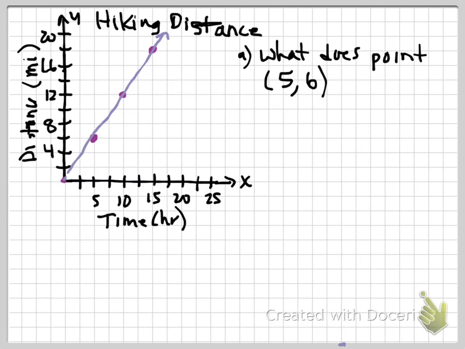Be as specific as possible. The distance he traveled in 5 hours. Okay, well, how far did he travel? I agree with what you said, but let's be specific. Okay, so this represents that he traveled 6 miles in 5 hours. Okay?